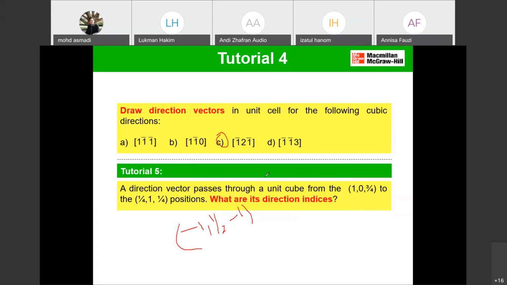So how can we determine this direction, this coordinate? Okay, so the answer is okay. If you look at here, I stop sharing this one.